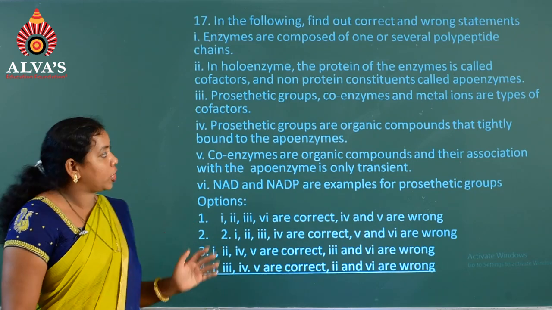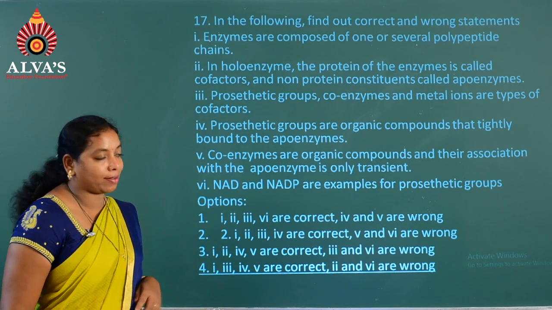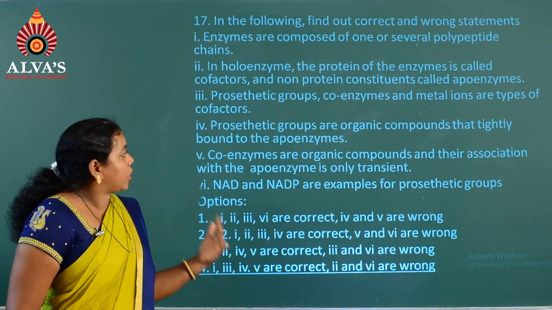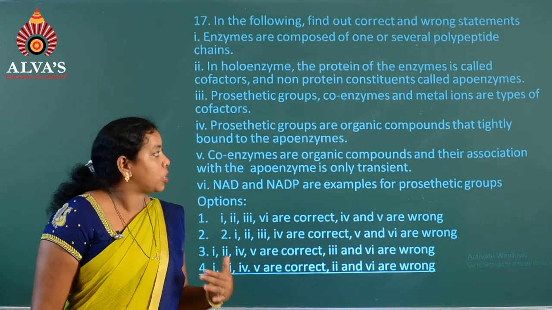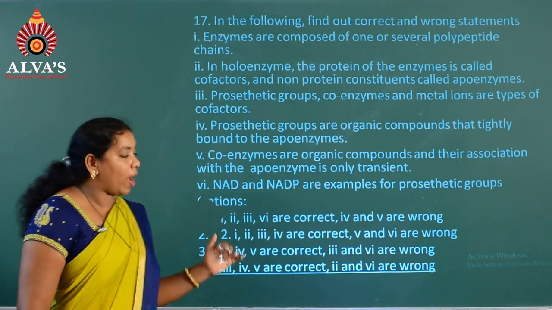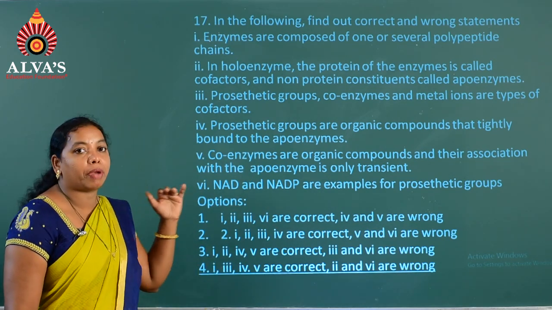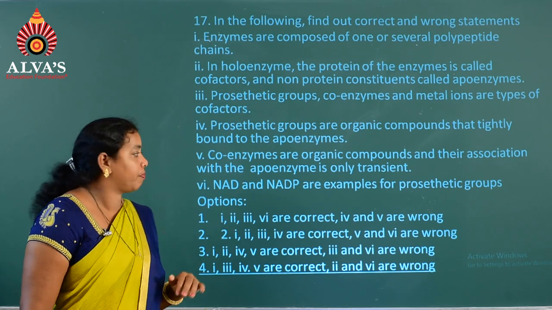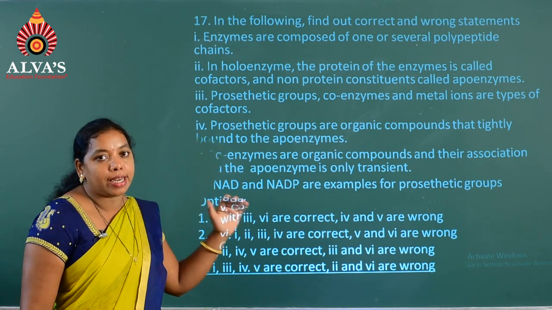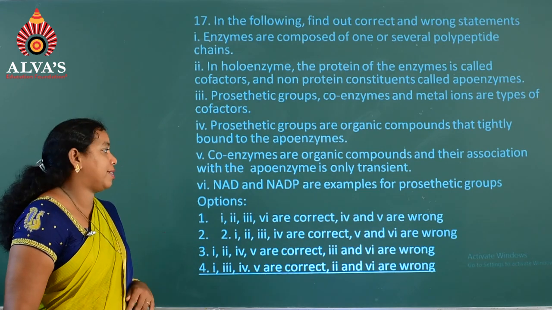Next, prosthetic groups, coenzymes and metal ions are the types of cofactors. Next, prosthetic groups are organic compounds that are tightly bound to the apoenzyme. Next, coenzymes are organic compounds and their association with the apoenzyme is transient. And the next, NAD and NADP are examples of prosthetic groups of enzymes.